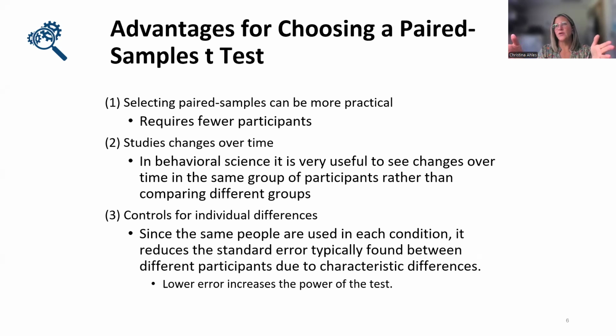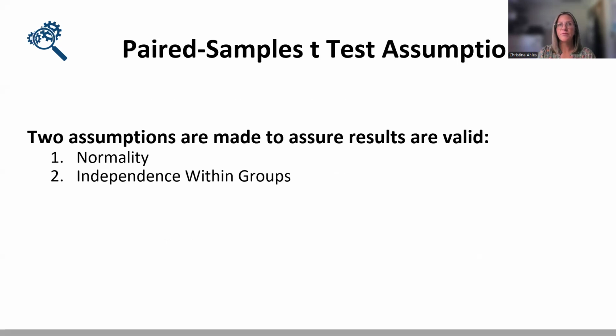So you're only measuring the difference in the treatment effect rather than the error contributed by differences in characteristics or traits between people. So it lowers the error, the standard error, or just the error in general, and it increases the power of the test. A paired samples t-test is extremely useful in social behavioral research.